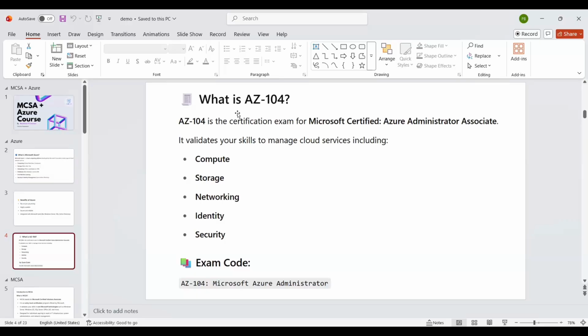Within that duration, you can apply for revalidation. So reassessment, again you have to give the exam. Then you will get the extended validity for 1 year again, right? So all the certifications have 1 year validity. Okay.